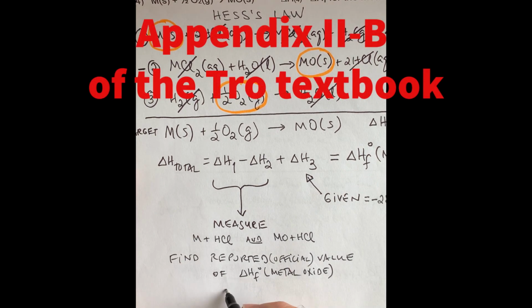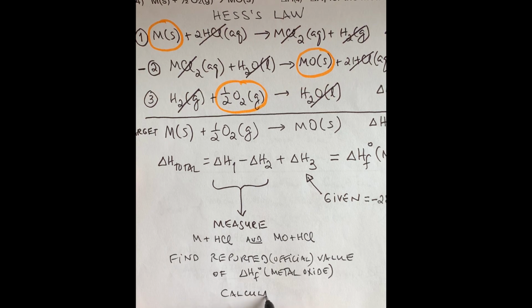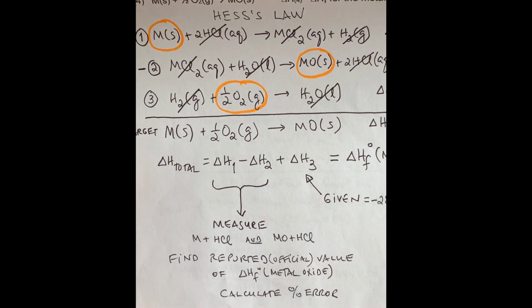And then what you'll do is you will calculate what was your percent error. In your data sheet here in the bottom, it's going to say what is your percent deviation, right? But really, what we're using more in our curriculum is the word error.